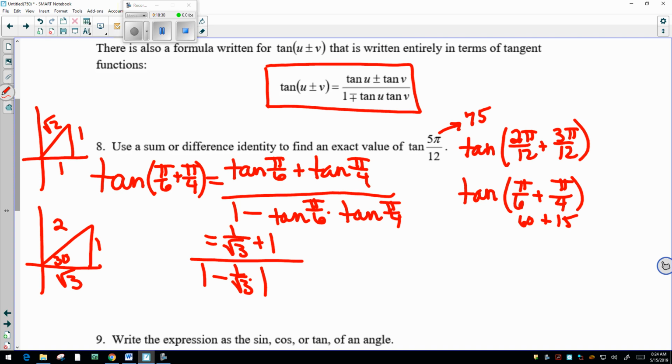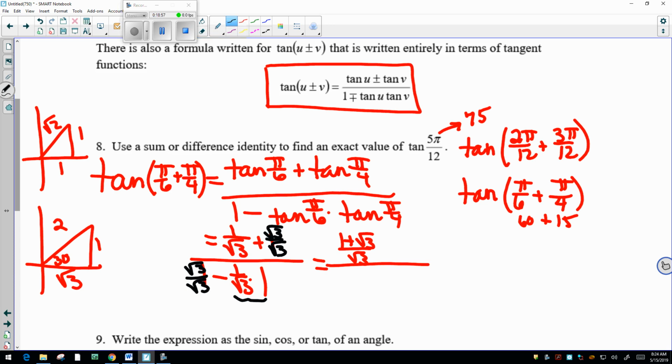We need common denominators. So this 1, I could really write as square root of 3 over square root of 3. Okay, so if I did that, now my numerator combining this is going to look like 1 plus radical 3 over radical 3. Same thing here. I know that this first part is going to be 1 over radical 3. I need a common denominator, so I'm thinking square root of 3 over square root of 3.